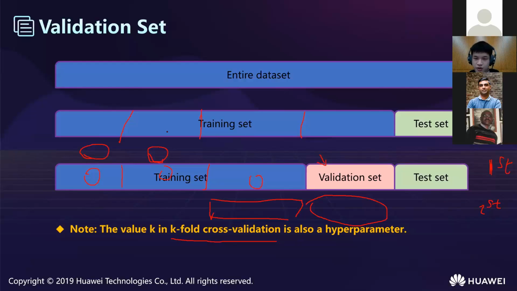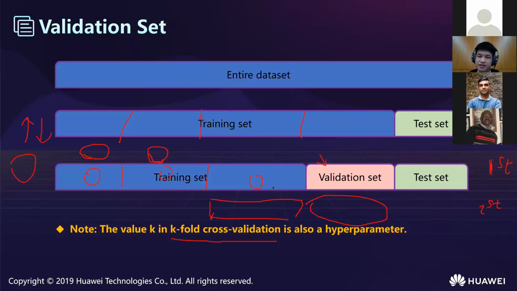So why do we need to use k-fold cross-validation? If we have only a small number of data sets, with one-time training we cannot get a very good result. That means the result may be higher, maybe lower. So we hope the result is not random.